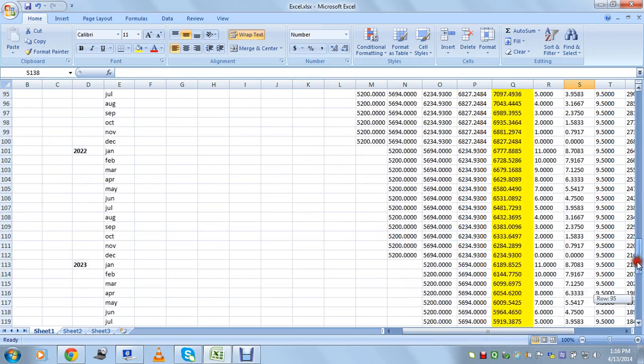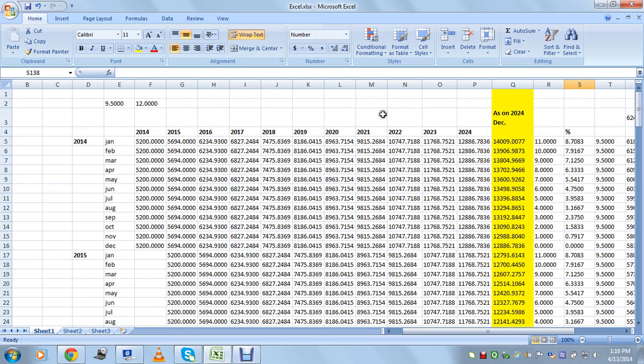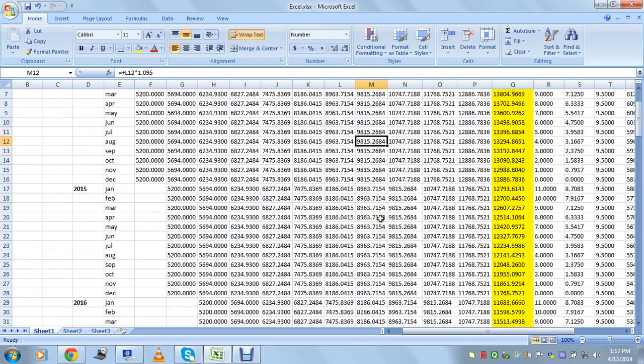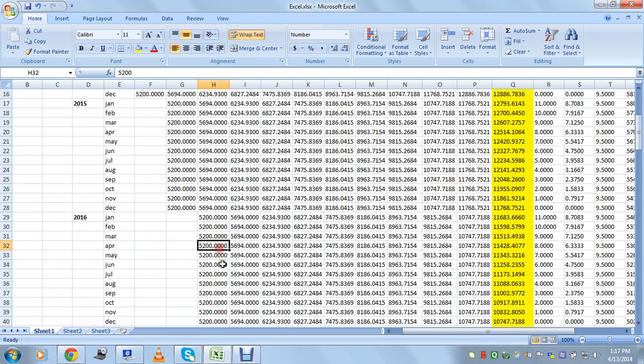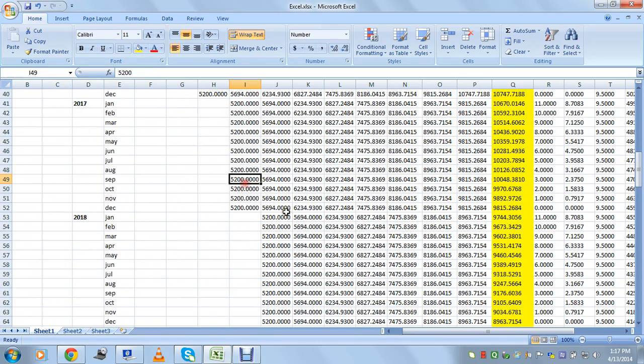Now, in order to calculate this, you can't just have an easy mathematical formula like using this 9.5 multiplied by 5,200 into some formula, because you have to see how your investment, when it is done, behaves at one particular time, at one particular month.